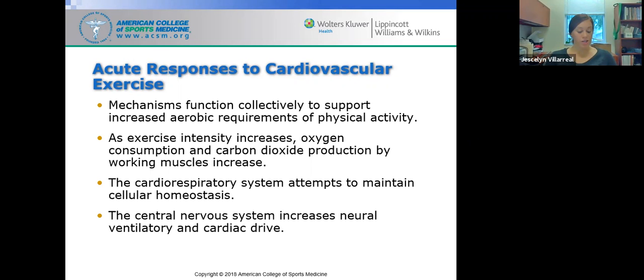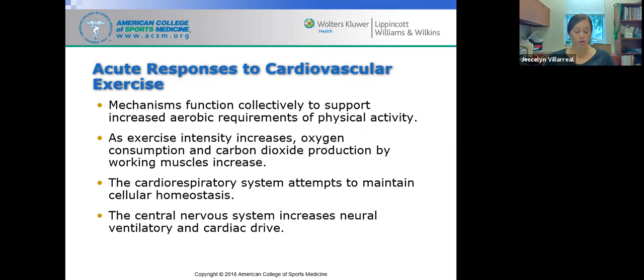Acute responses to cardiovascular exercise. Mechanisms function collectively to support the increased aerobic requirements of physical activity, so to support increased O2 demands. As exercise intensity increases, oxygen consumption and carbon dioxide production by the working muscles increase.